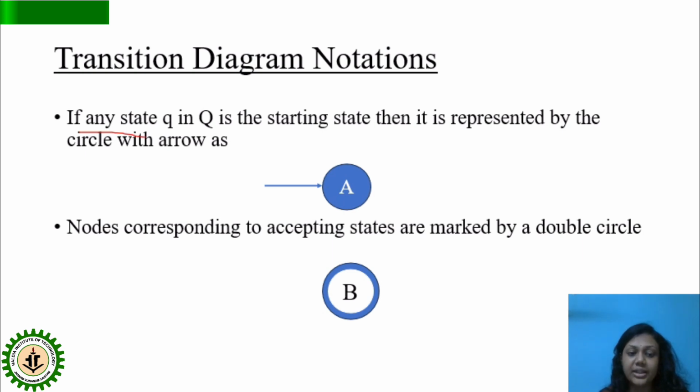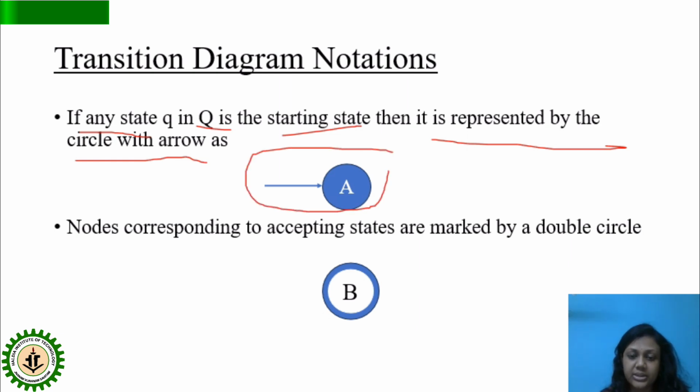If any state Q in capital Q is the starting state, then it is represented by a circle with an arrow like this. This is your initial state and starting state. Now, how can we represent a final state? Nodes corresponding to accepting states are marked by a double circle like this. We will make a double circle, then we will write the state within it.